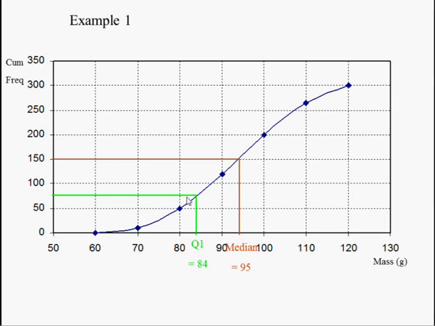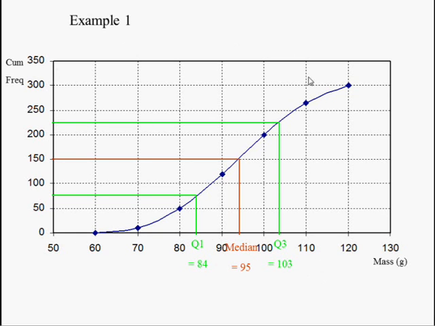So the 75th apple weighs 84. So a quarter of the apples weigh less than 84. Half the apples weigh less than 95. 3/4 of the apples, so that's below the 225th apple, 3/4 of the apples weigh less than 103.